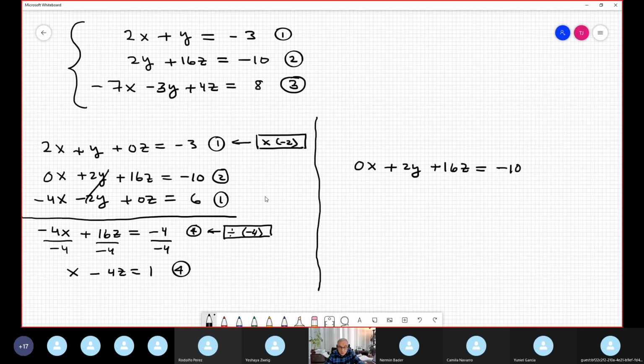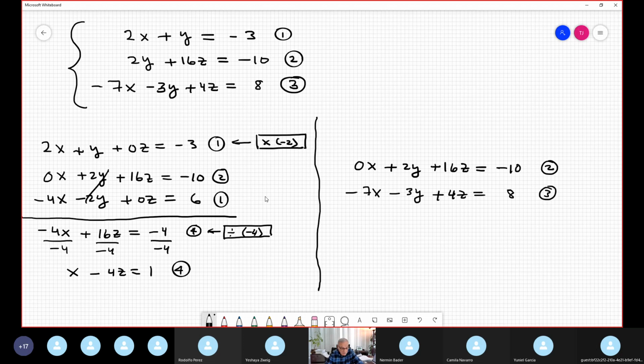This is equation 2. And equation 3: -7x minus 3y plus 4z equal 8. Equation 3.